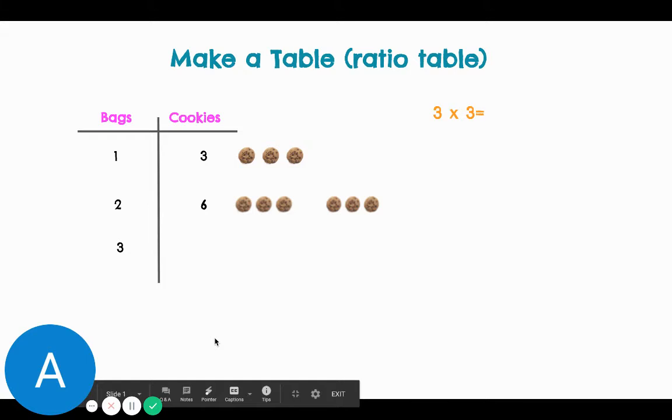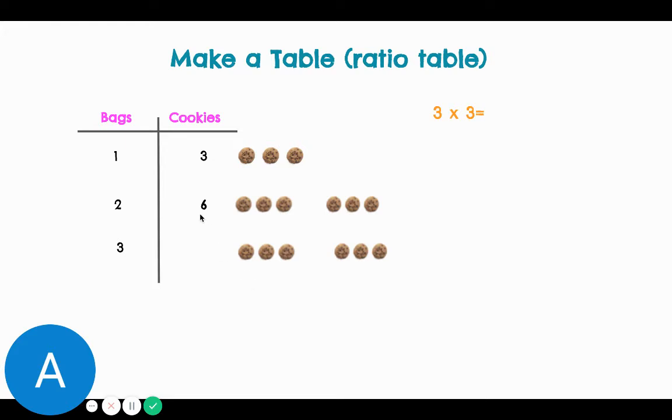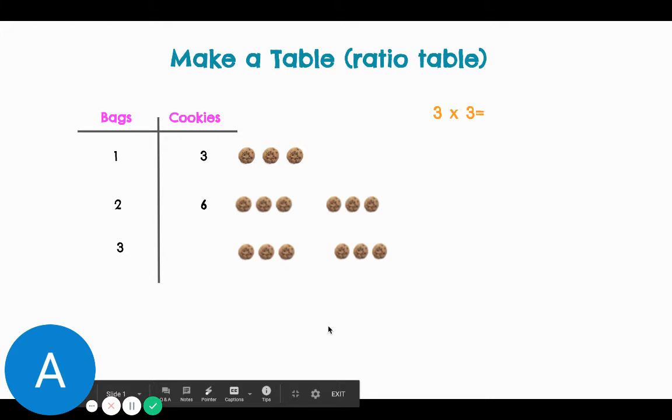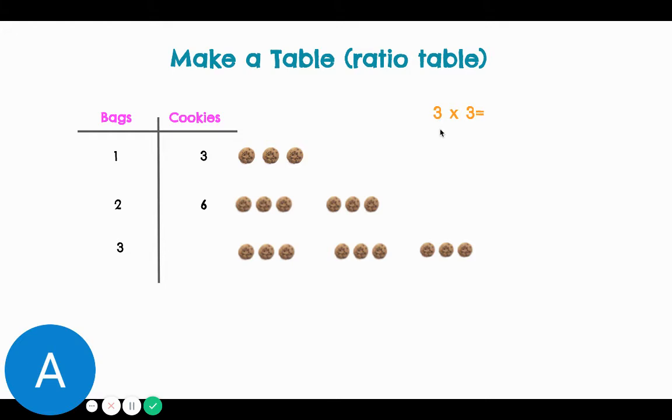I know in one bag of cookies, we have 3 cookies. I know in 2 bags of cookies, we have 6 cookies. So 2 bags, 6 cookies. This looks the same here, but I need 3 bags of cookies. So I'm going to go ahead and add one more bag of cookies. So now I have my 3 groups of 3, 3 times.